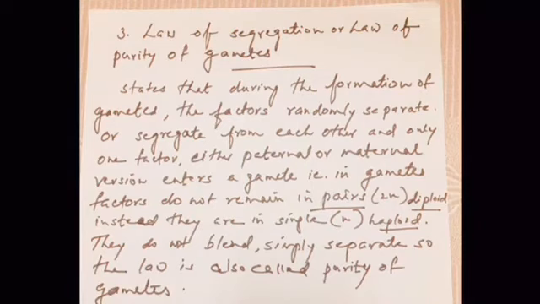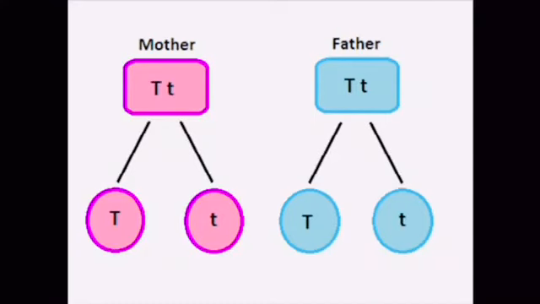According to the law of segregation or law of purity of gametes, what did Mendel say? He said, in all somatic cells, one trait is designed by a pair of factors. But in the gametes, only one version will be there, either paternal or maternal.